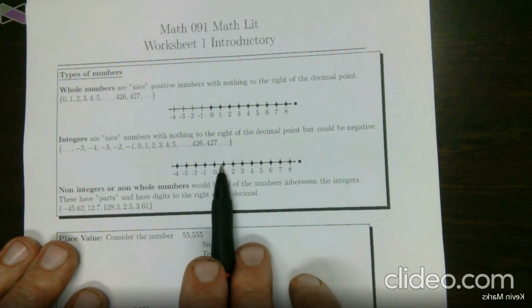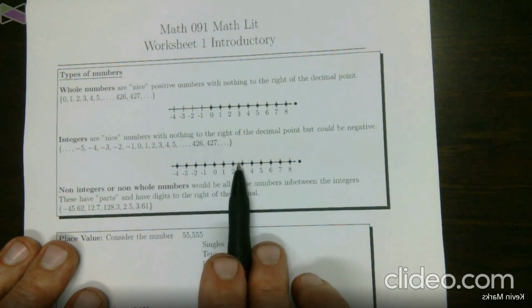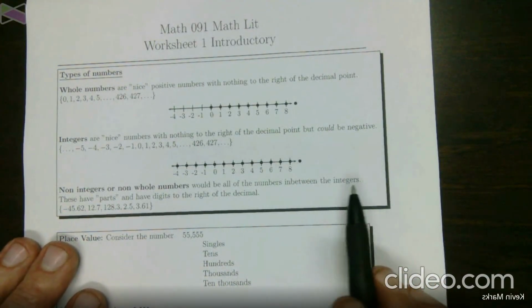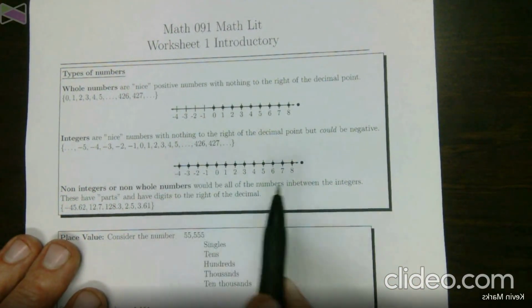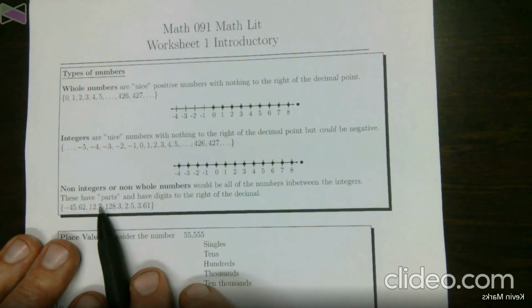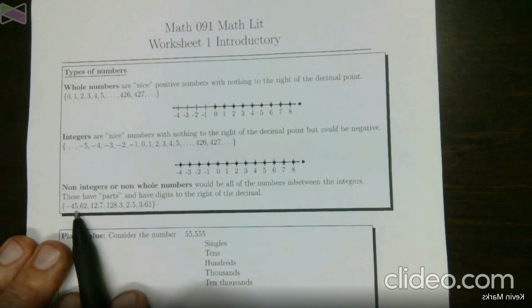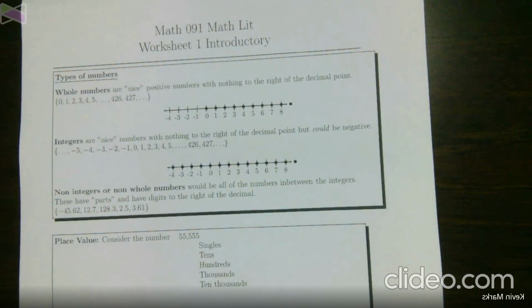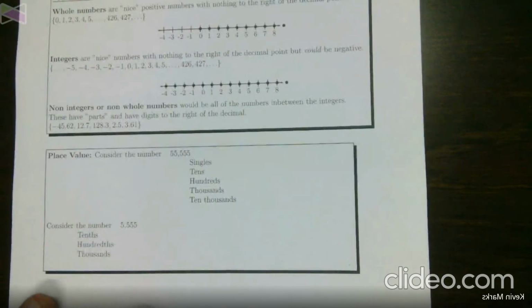So there's a bunch of stuff between 0 and 1, between 1 and 2, between 2 and 3, between 3 and 4, between 4 and 5, right? All the numbers between these whole numbers or integers, whatever, are things that have a whole part and a decimal, a whole and a decimal, right? That decimal point separates the whole part and the fractional part, right? Okay, so make sure you can identify those.